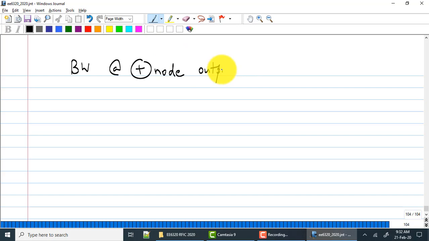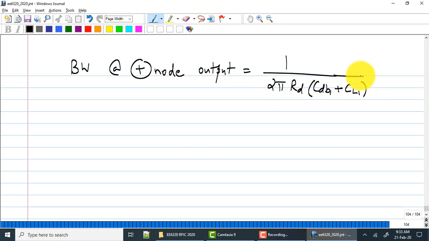One over 2 pi RD into the drain bulk capacitance CDB1 plus the load, which I'll call CL1.